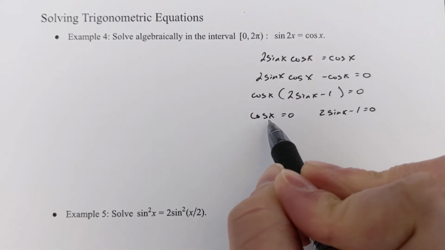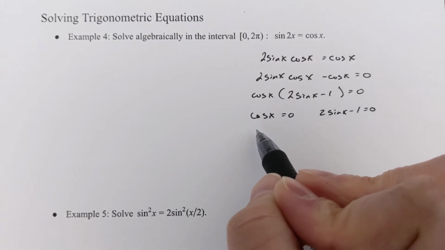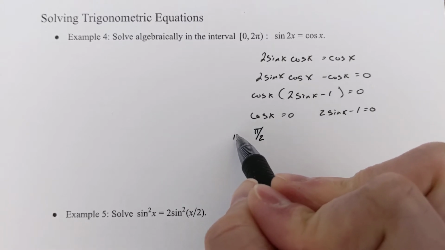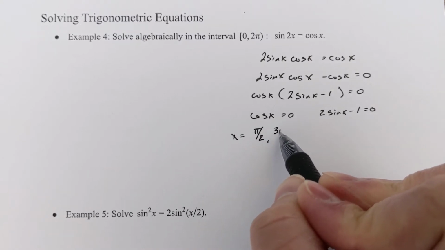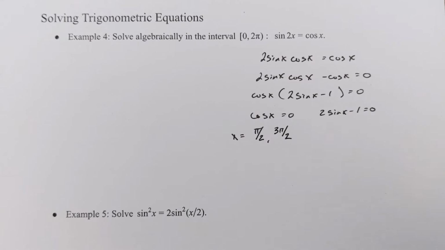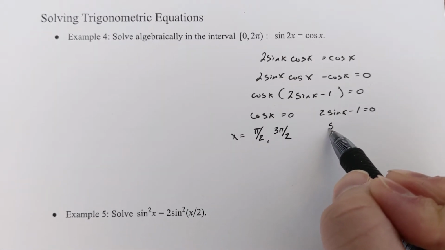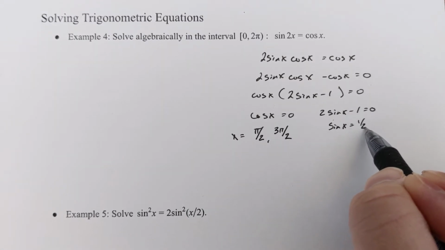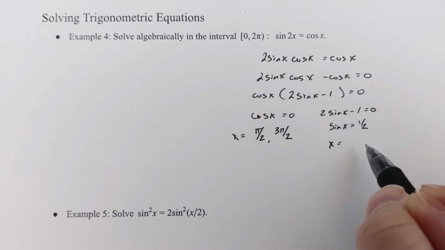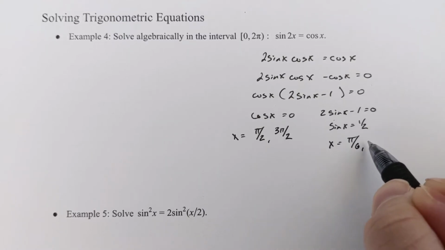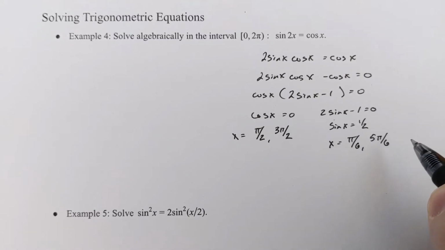Now I'm factored, so I set the factors separately equal to 0 and solve. Cosine x is 0, so I need all the angles that have cosines of 0. That occurs at pi over 2 and at 3 pi over 2. Here, I'm looking where sine x is equal to 1/2, which occurs at pi over 6 and 5 pi over 6.